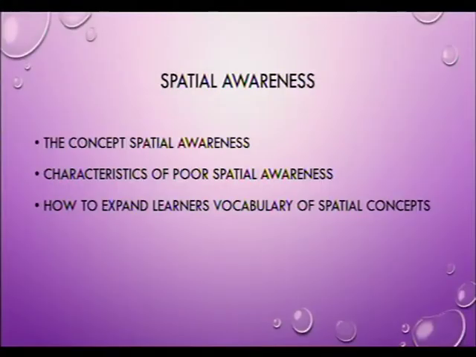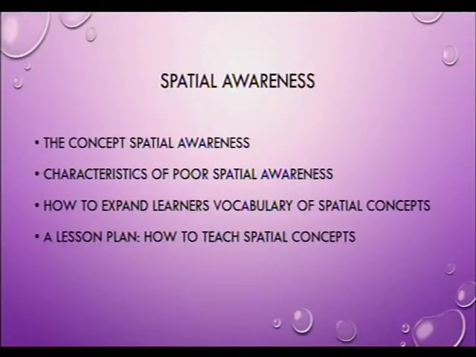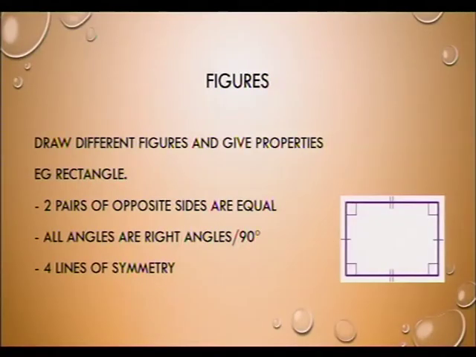They find it difficult to do physical exercises because they cannot go over objects or under objects. That is how I identify those learners. How do I expand learners' vocabulary of spatial concepts? And then also a lesson plan on how to teach spatial concepts.